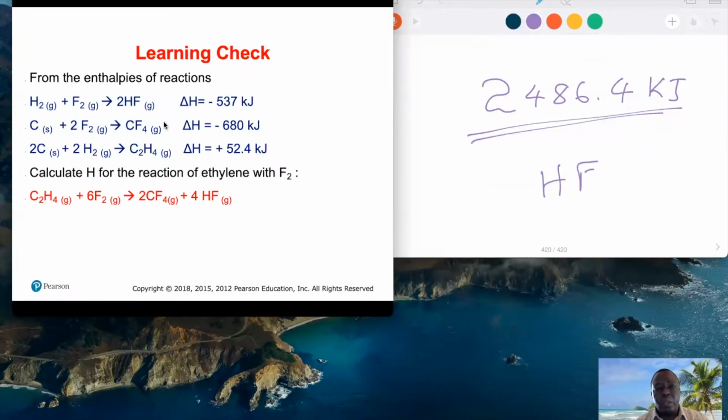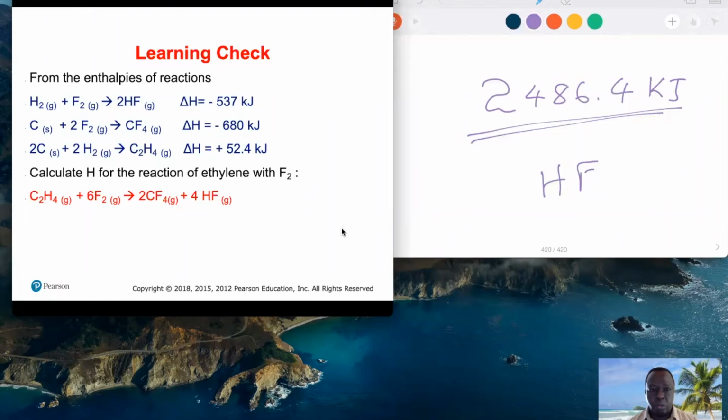Hess's law is used in a situation where the determination of the enthalpy of reaction cannot be determined by a single equation, but by a series of equations. Any question on Hess's law?